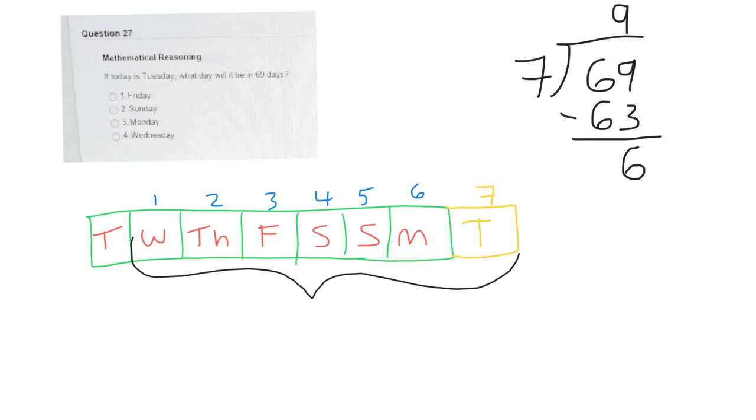So in other words, 9 of these blocks would fit in 69 days, but then there's this remainder of 6, which means we need to count 1, 2, 3, 4, 5, 6 over.